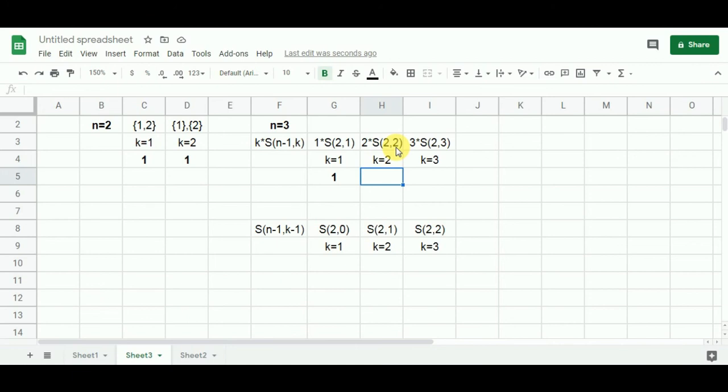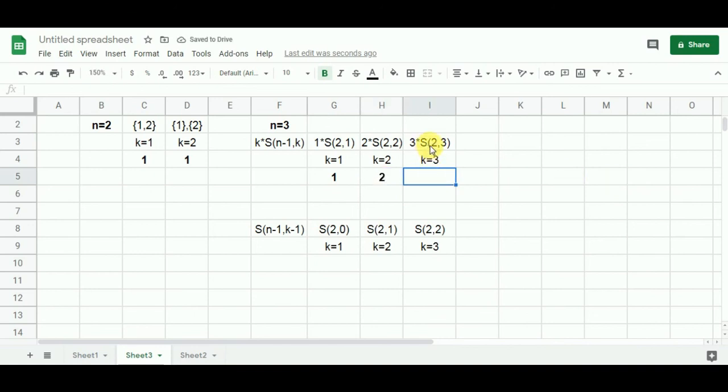If you expand this, even if you have three integers and you are asked in how many ways you can partition them into three partitions, then the answer is always going to come out as 1. So I'm going to put 1 over here, but we have 2 as the multiplier. So the value over here is going to come out as 2.